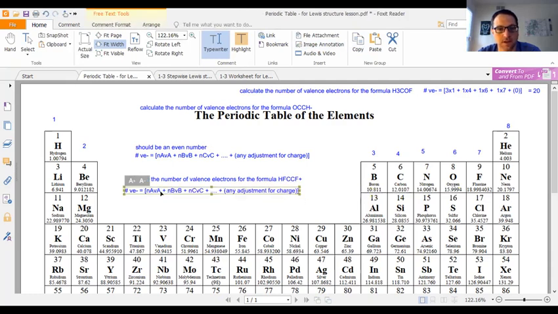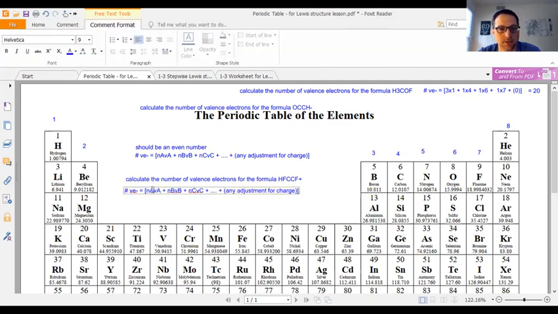Okay, let's see about substituting in here, shall we? How many hydrogen atoms are there? So we're looking at this formula. Eyes on the ball, eyes on the formula. One hydrogen, and it's in column 1, 1 times 1. Getting to know the periodic table a little better based on the columns.